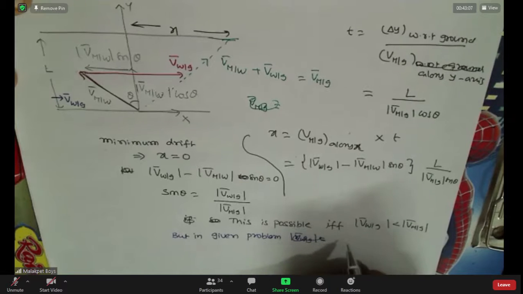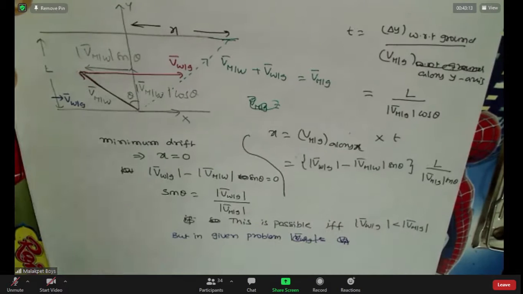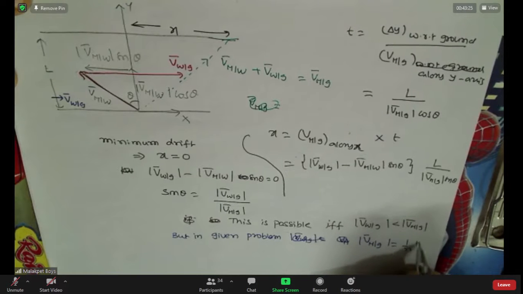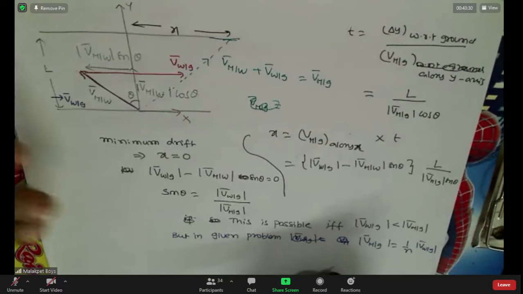What he says is here. He has given n times less, which means this is what he has given, 1 by n. Agreed?